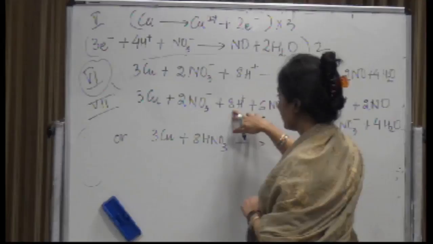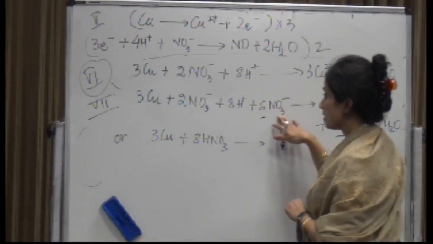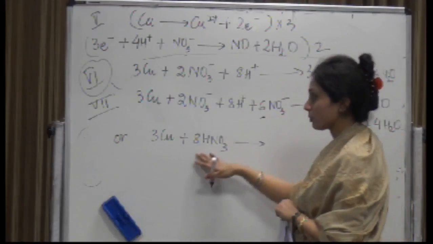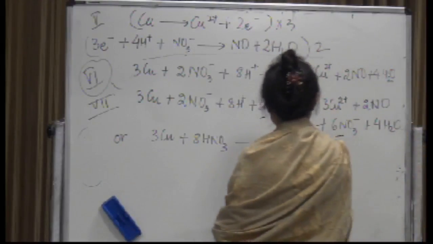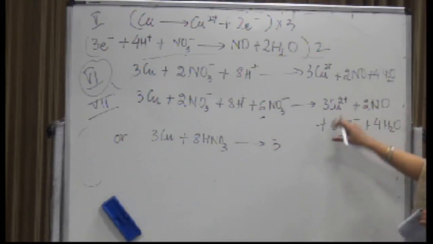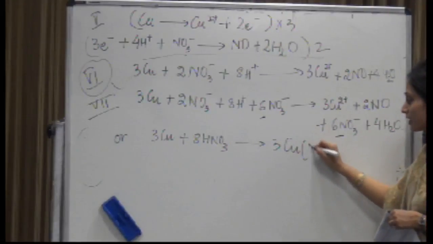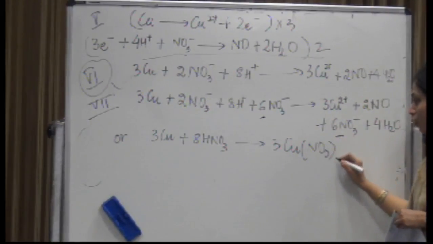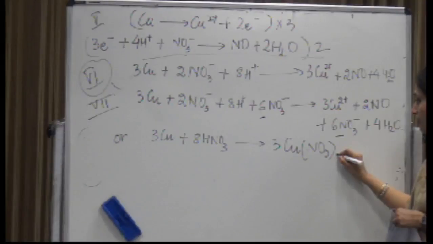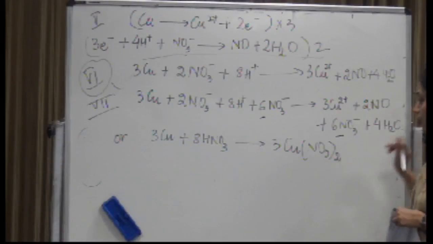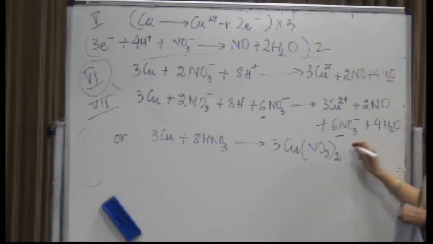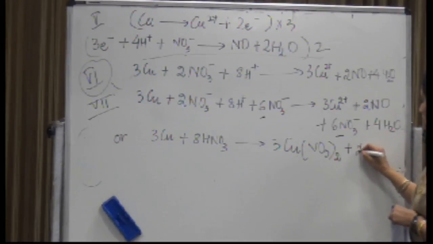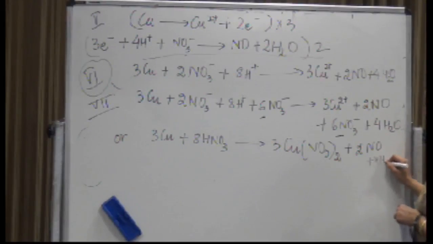You have 8H and now 8 NO3 minus, so plus 8 HNO3. अब इसको यहाँ पे देखते हैं. Now this becomes 3 Cu, अपना basic equation देखो ना जो था, you had copper nitrate, so that was CuNO3 twice, plus 2NO plus 4H2O. Done?